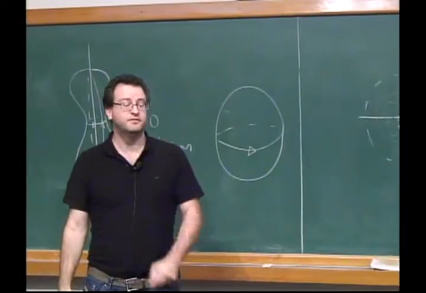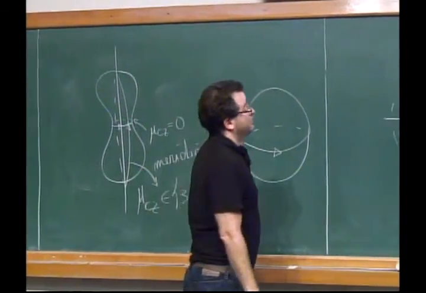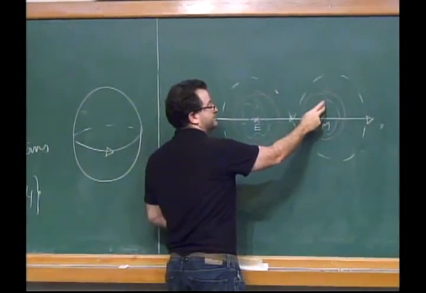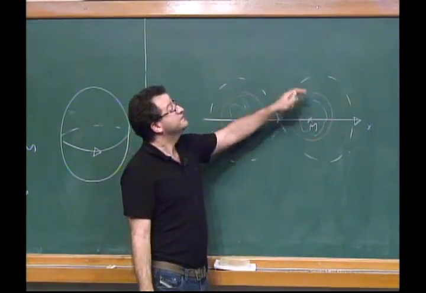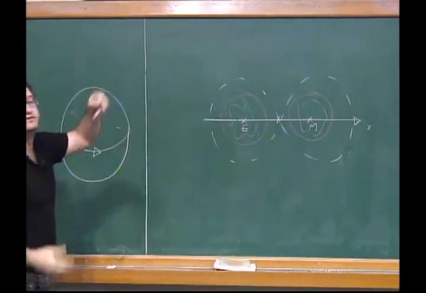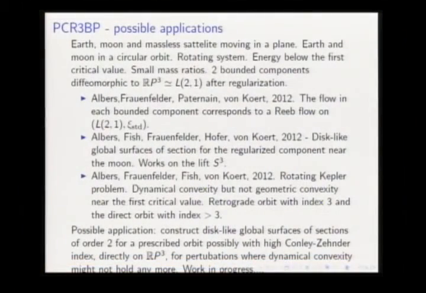So this theorem in this situation would provide an open book decomposition, for instance, in the same situation where they prove it's dynamically convex, downstairs directly in RP3.